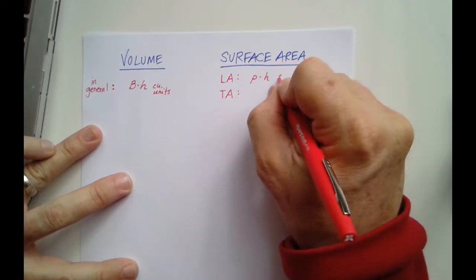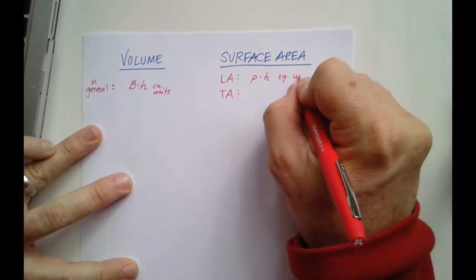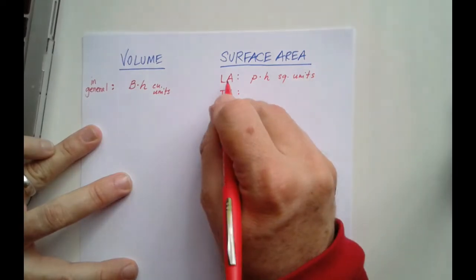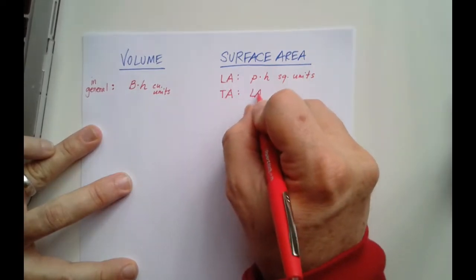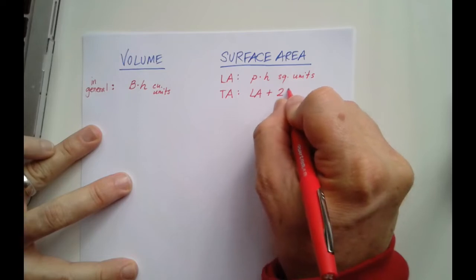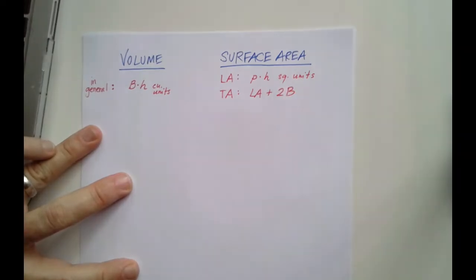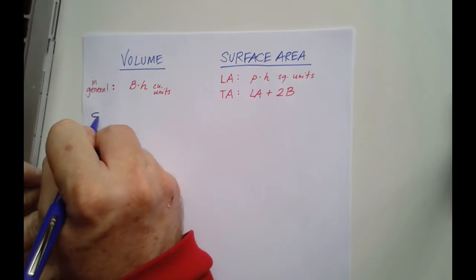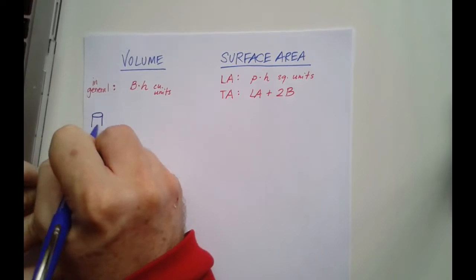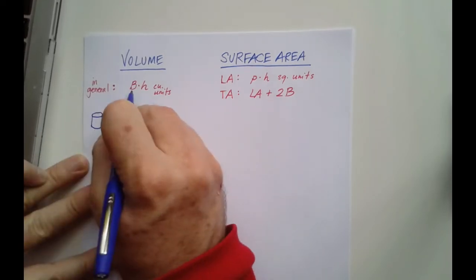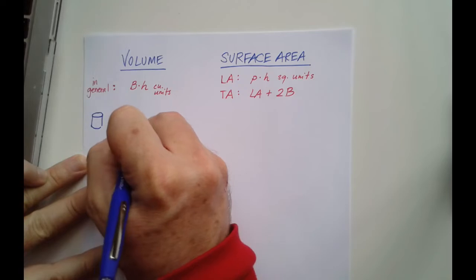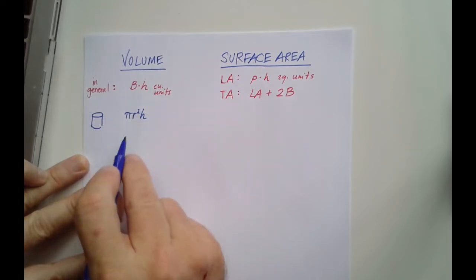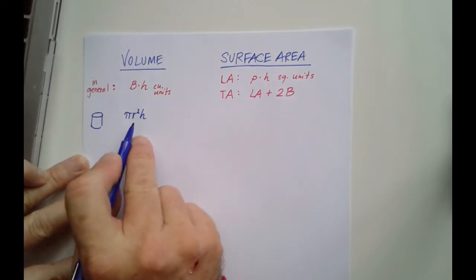And that gives us square units. The total area is just taking this number and adding 2 of those. So those are the general formulas. Let's take a look at a cylinder. A cylinder, well, the area of the base is pi r squared, and then you're going to multiply by h. But that is the particular formula.